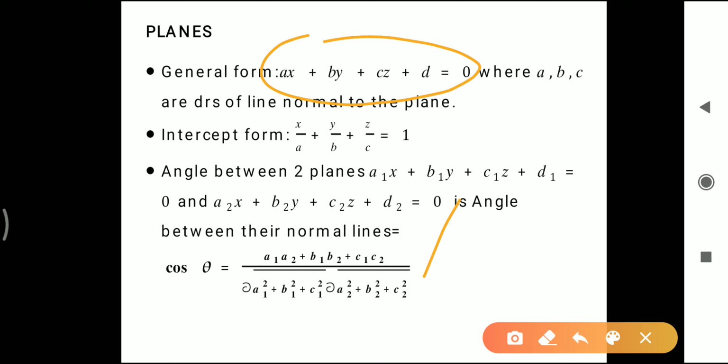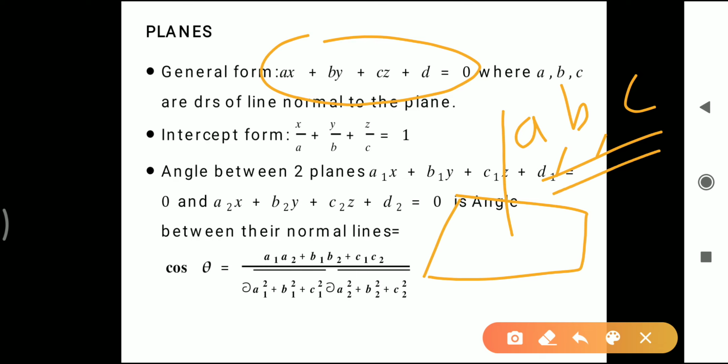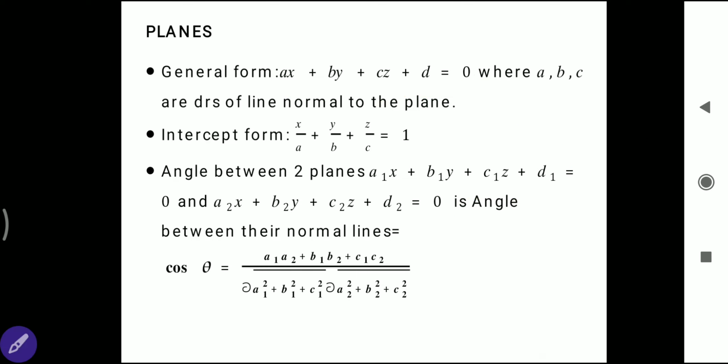Suppose this is your plane and this is the line which is perpendicular to that plane; that perpendicular line is called the normal, and the DRs of this line are nothing but your a, b, c. So if you have the equation of the plane as ax plus by plus cz plus d equal to 0, then a, b, c are the DRs of the normal to that plane.